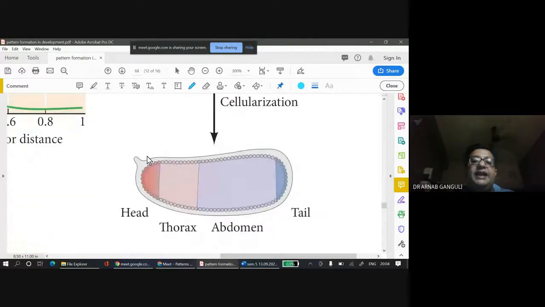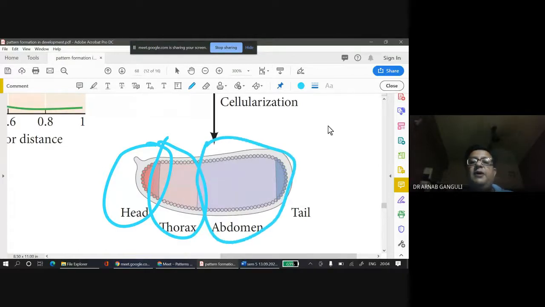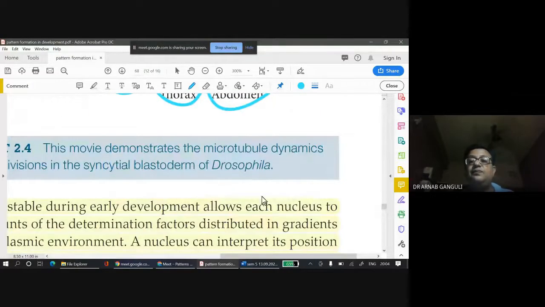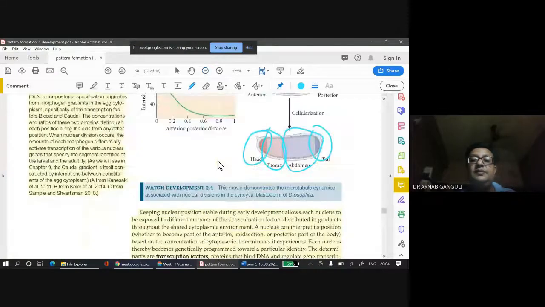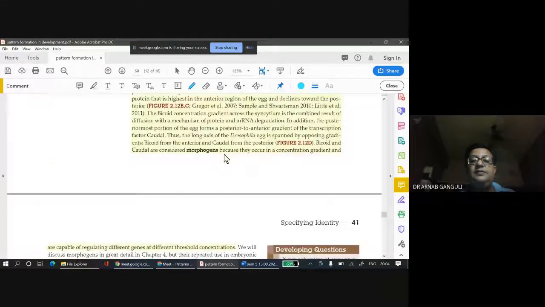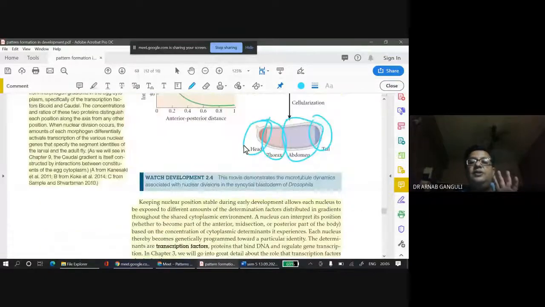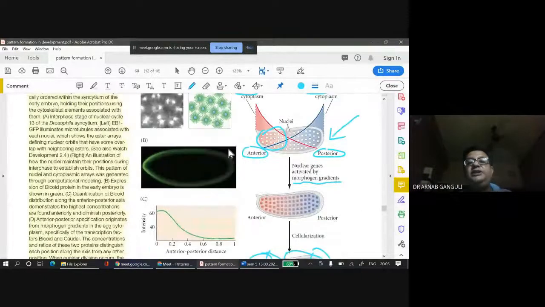Cellularization takes place, and this region forms the head, this region forms the thorax, this region forms the abdomen, and then this region forms the tail. Be sure to read about this very nicely.